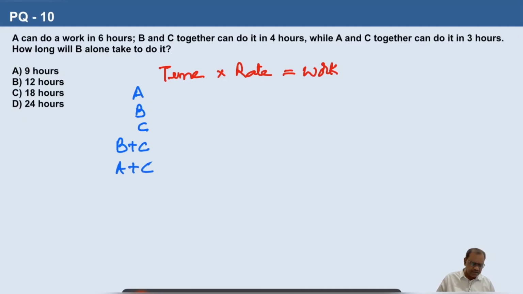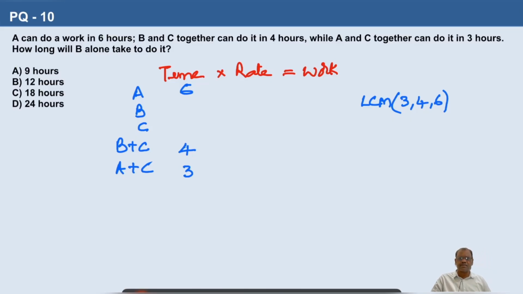According to the question, A can do a work in 6 hours, B and C 4 hours, A and C 3 hours. So we have to find out how many hours B alone takes. So we have to find out the LCM of 3, 4 and 6.